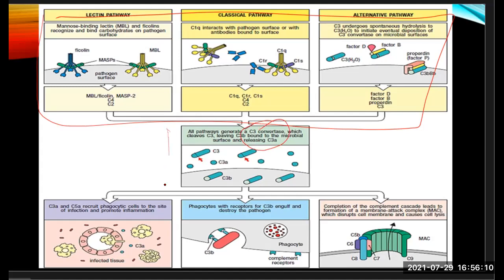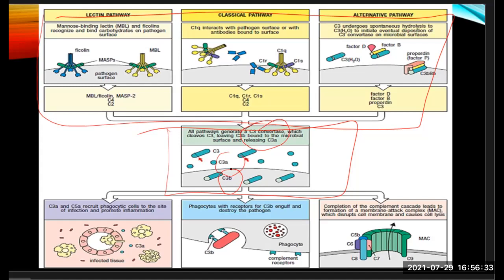In the middle row, this enzyme activity cleaves complement component C3 into the small soluble protein C3a and the larger component C3b, which becomes covalently bound to the pathogen surface.